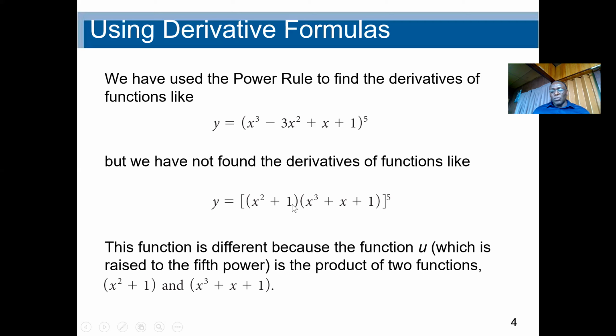So we are using two rules here. We are using the chain rule in terms of the product, and in the first example, the chain rule in terms of sum and difference. Here we have x cubed minus, so difference, plus and plus.